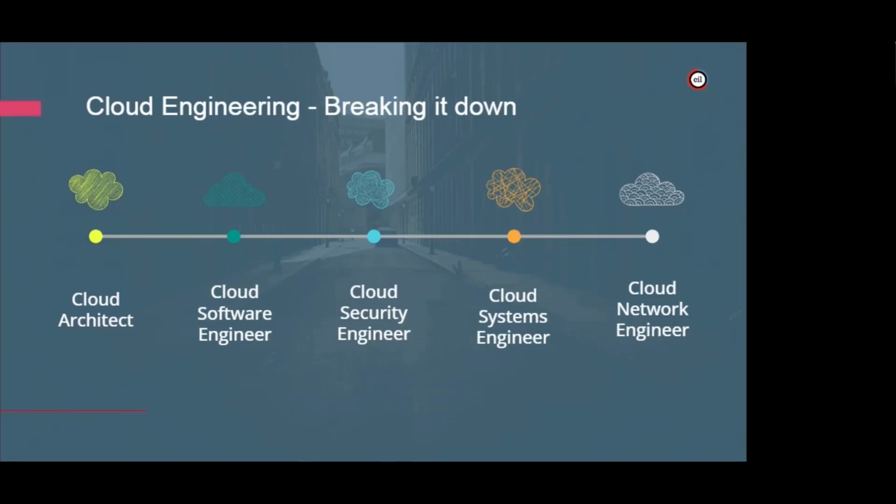So the architect needs to understand a lot of the concepts, understand the broad principles and the services available within each cloud service provider, but doesn't necessarily need to be able to, for example, go out there and create a virtual machine if need be.